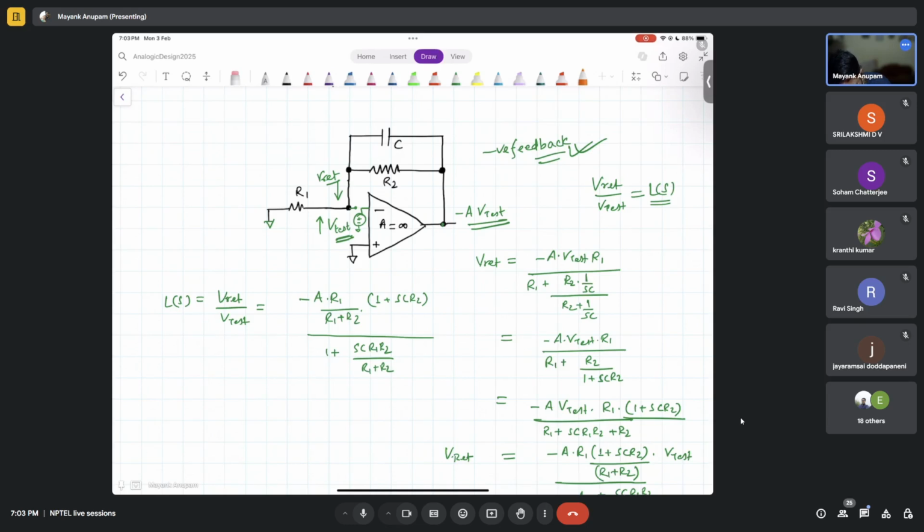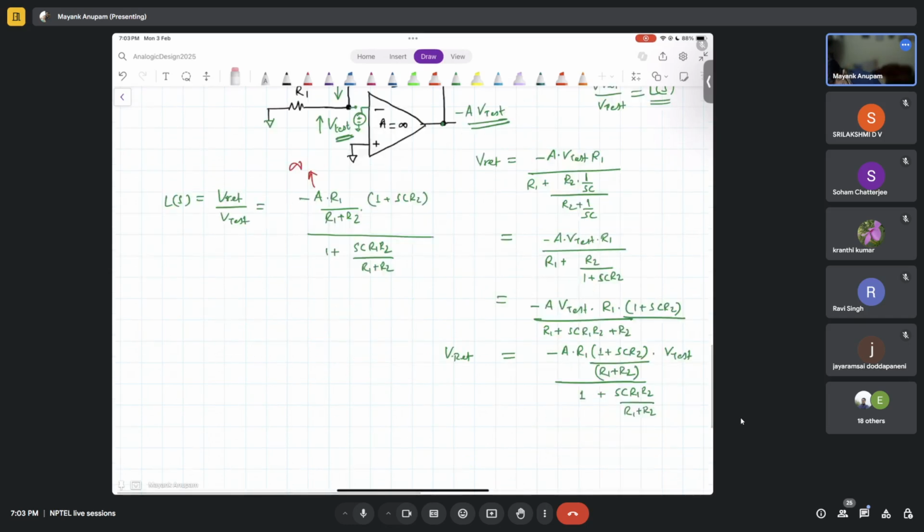Magnitude. So if A tends to infinity, what is going to happen to everything? If you ask about the magnitude of the loop gain, L of j omega, what will happen to it if A tends to infinity?